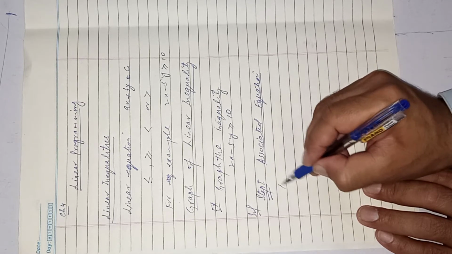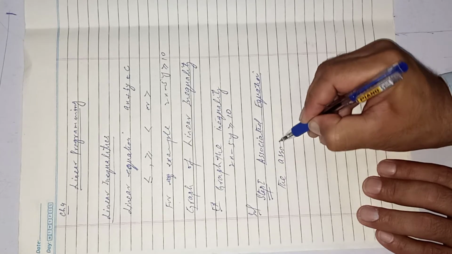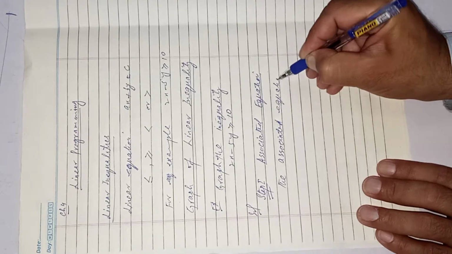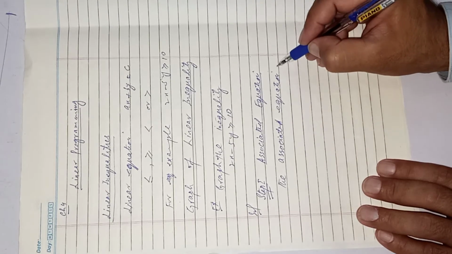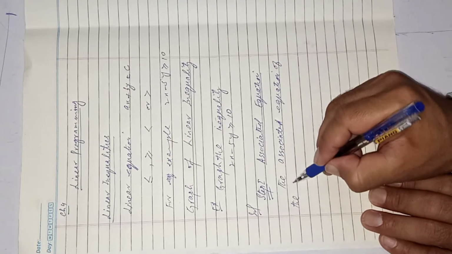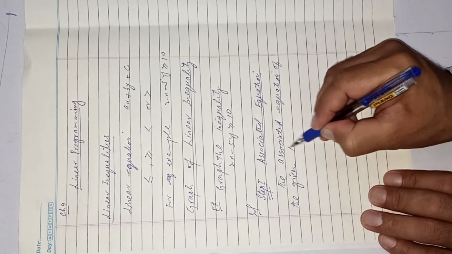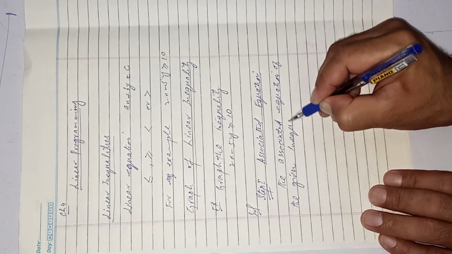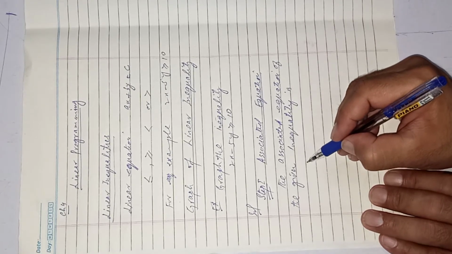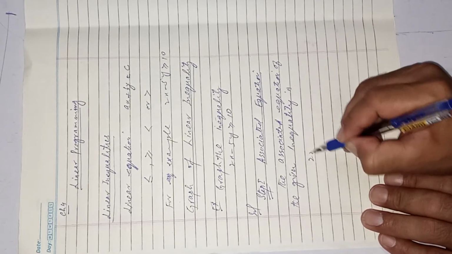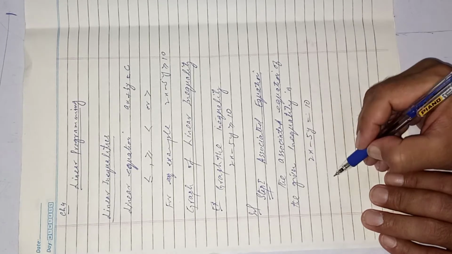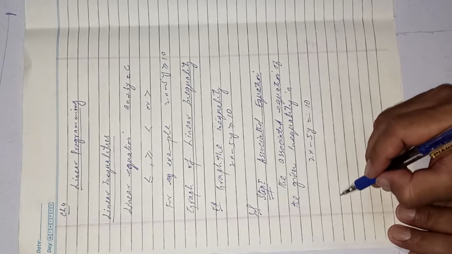So the associated equation of the given inequality is 2x minus 5y is equal to 10. The step 2.